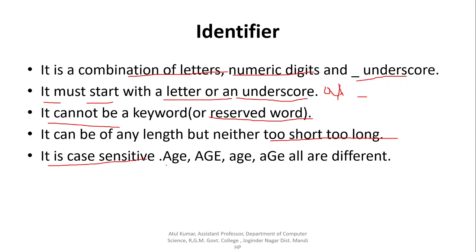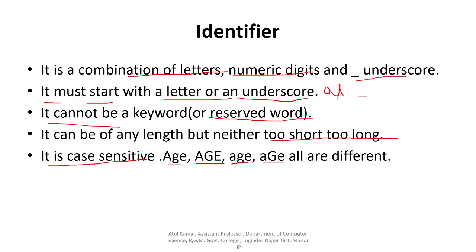Case sensitive means that, suppose we have "age" as an identifier, you can see the differences. Here the first alphabet is capital. In the second, all the characters are capital. In the third, all the characters are small, and in the fourth, the middle G is capital.